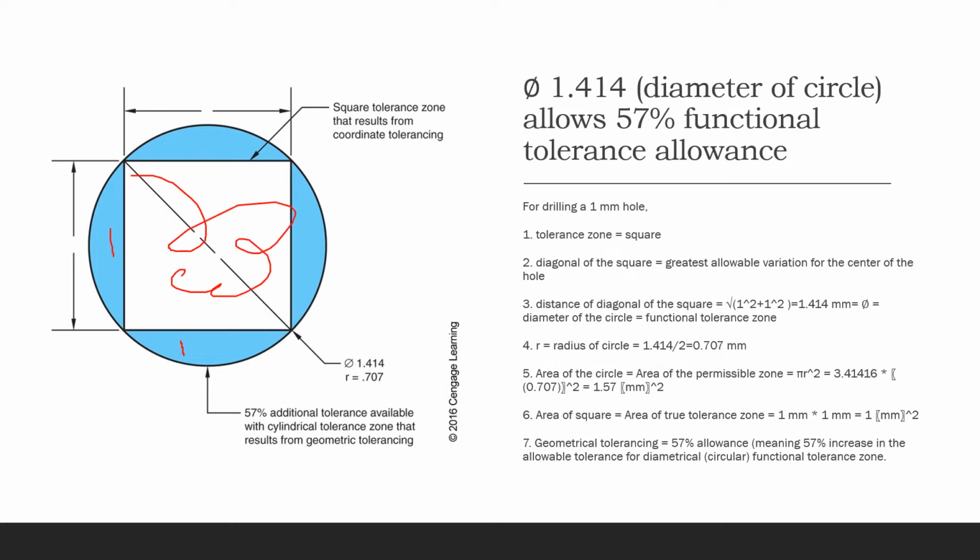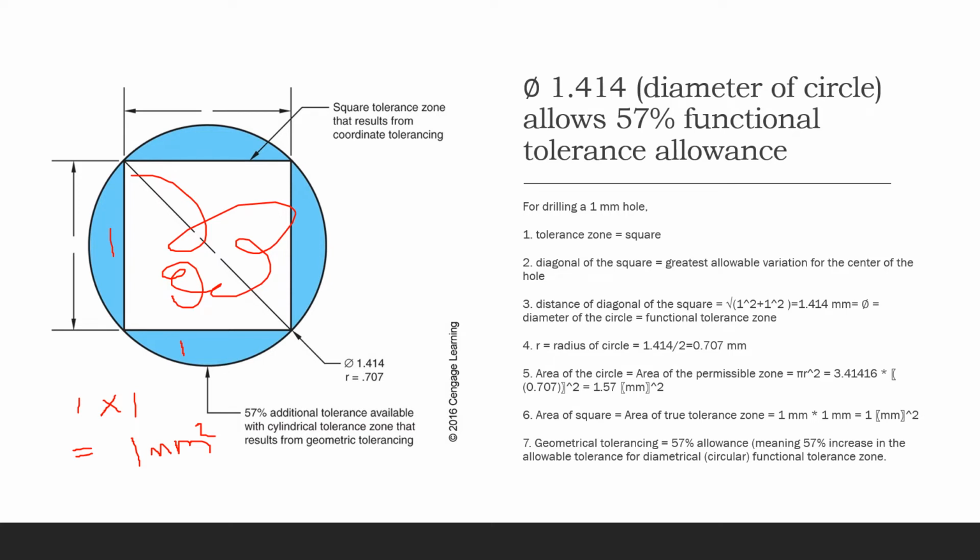The area of this square right here is going to be 1 because its side is just 1. Area is nothing but the length multiplied by the width. So 1 times 1 is still 1, but the unit is millimeter squared. This area is 1, and the entire circle is 1.57.